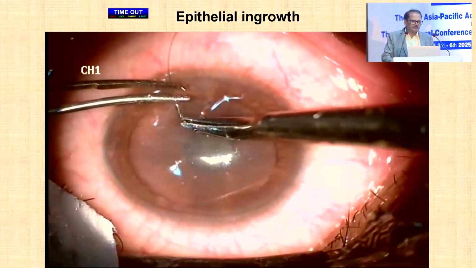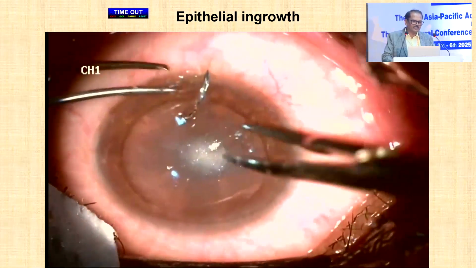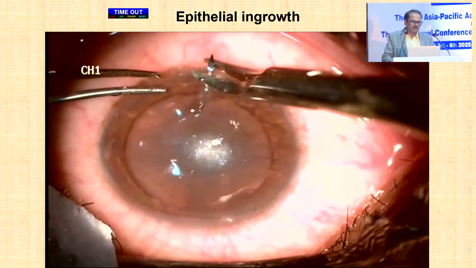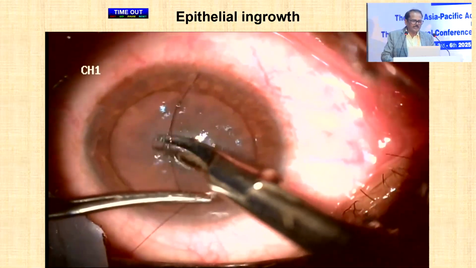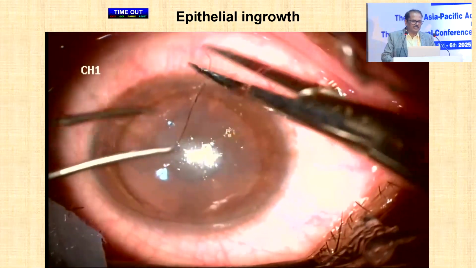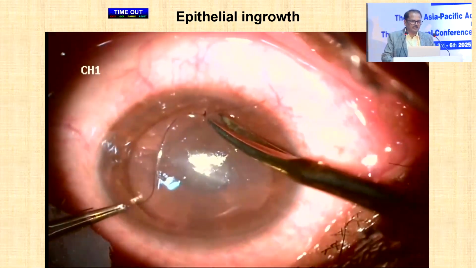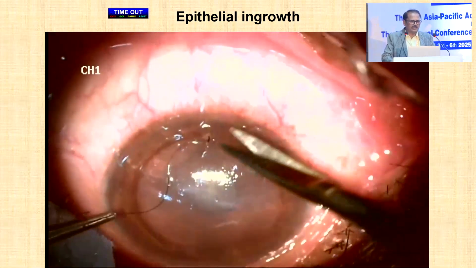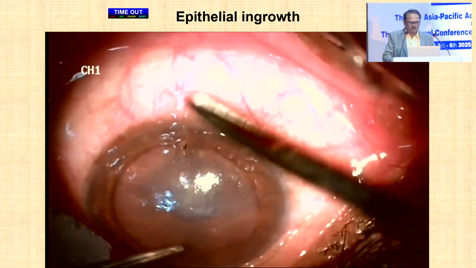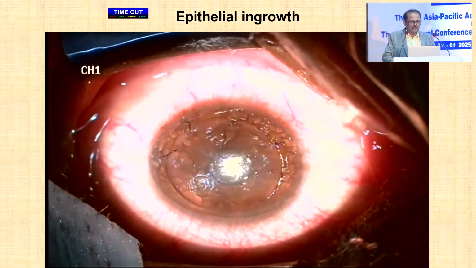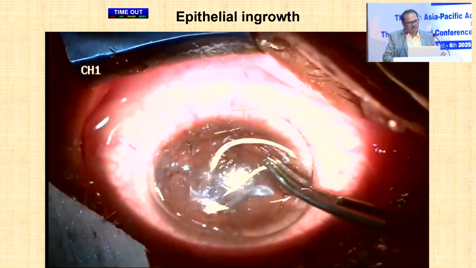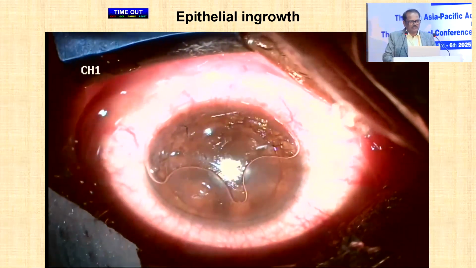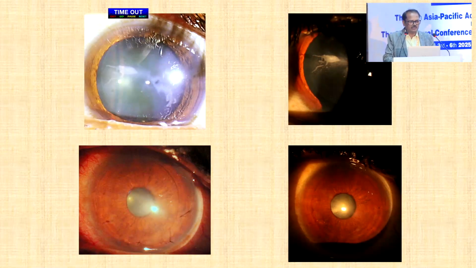And since the patient had a history of about 3 months back, I had to take sutures so that the flap does not slip away again and doesn't allow the epithelium to go inside. So I put 10-0 sutures in 3 meridians, and then applied the BCL.